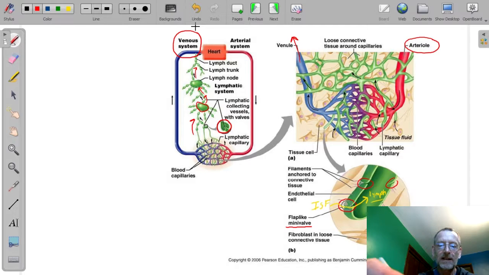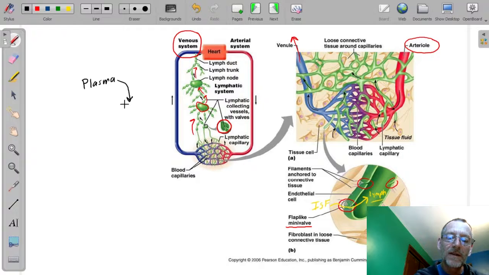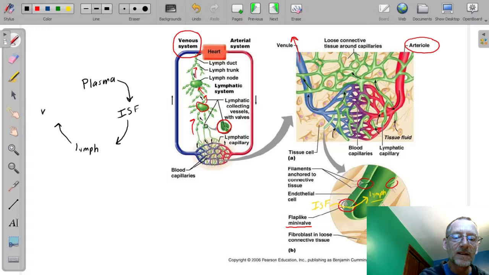So if you want to draw this out or just make a quick little conceptual map, a flow chart of it, we start with the plasma, the fluid portion of the blood, which leaks out and then circulates as interstitial fluid, and then is picked up into the lymphatic system. At that point, we refer to it as lymph, and then we go back to the venous side.